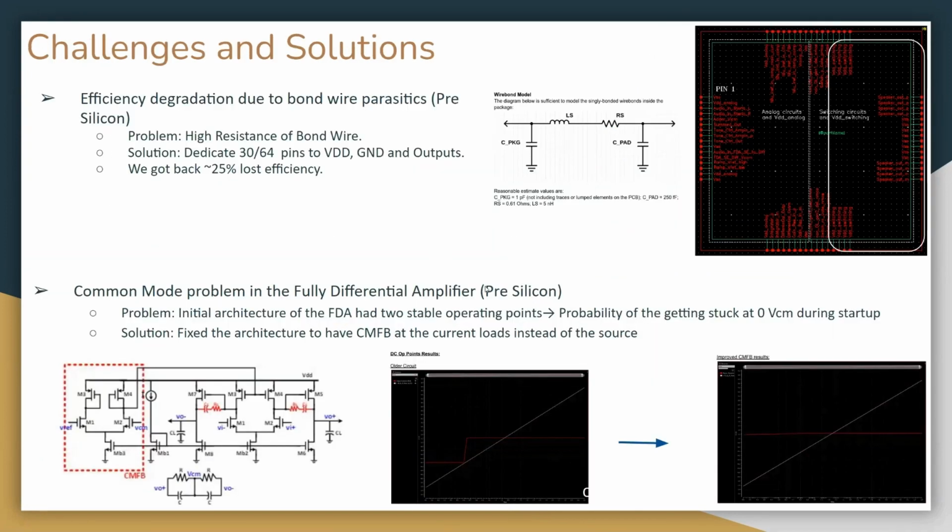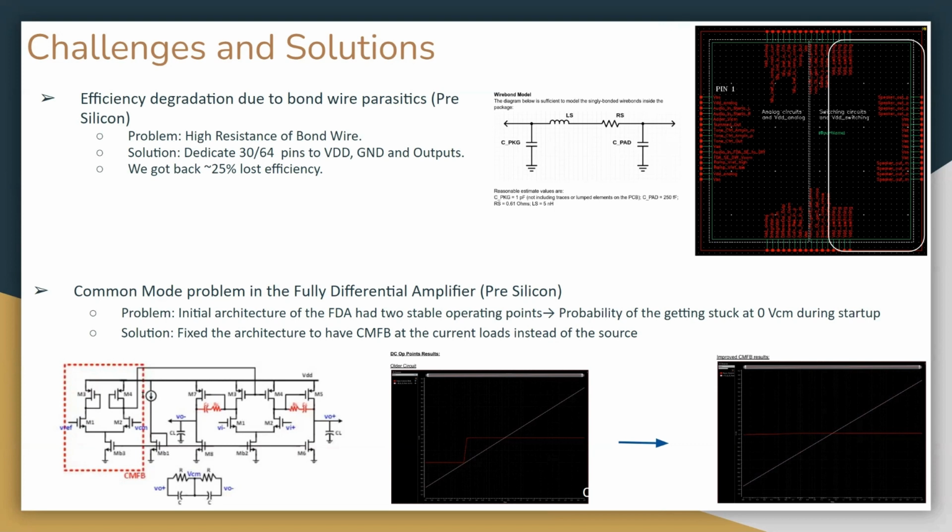In this section, we will discuss a few key challenges that we faced and our solutions and learnings throughout those. So the first challenge was the bond wire parasitics. Almost till the end of the design cycle, we missed the parasitics due to the bond wire, which were significantly high, in fact, higher than what the output switches were designed for.